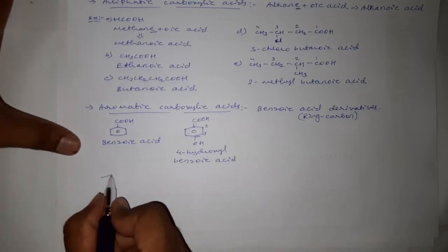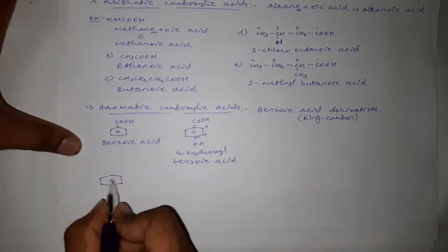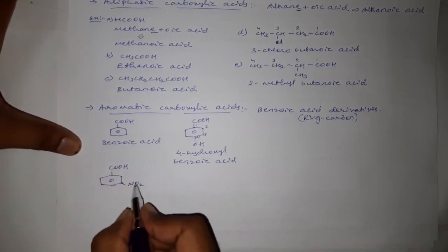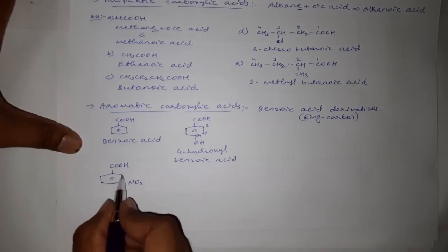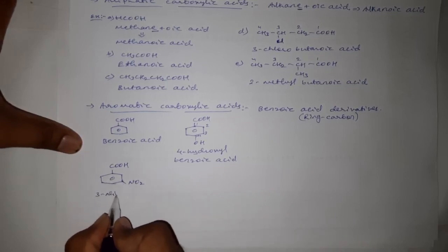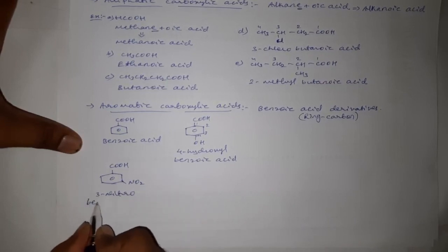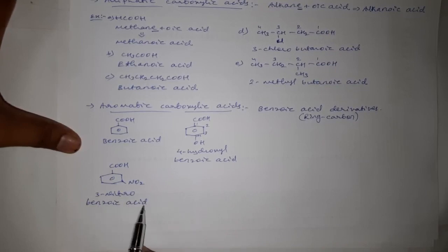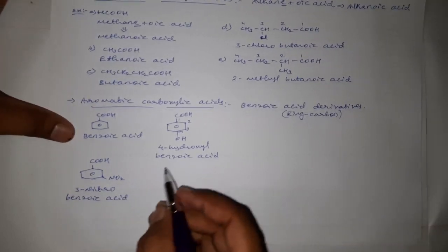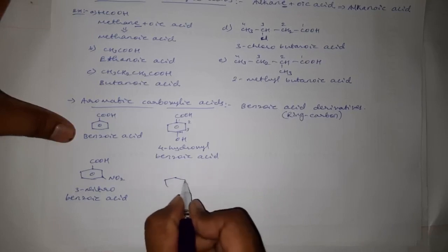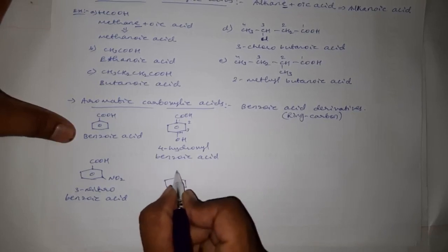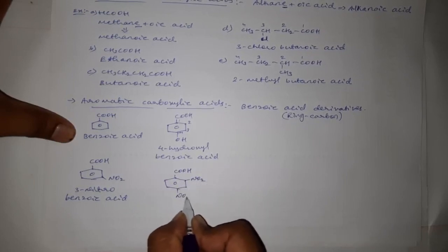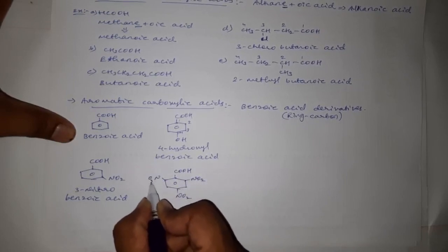Or we can take COOH with NO2, and the IUPAC name for this one is 3-nitrobenzoic acid. Or we can write COOH with NO2 NO2 NO2.